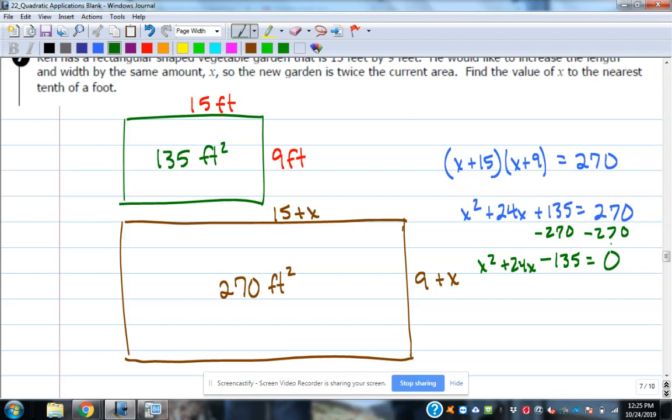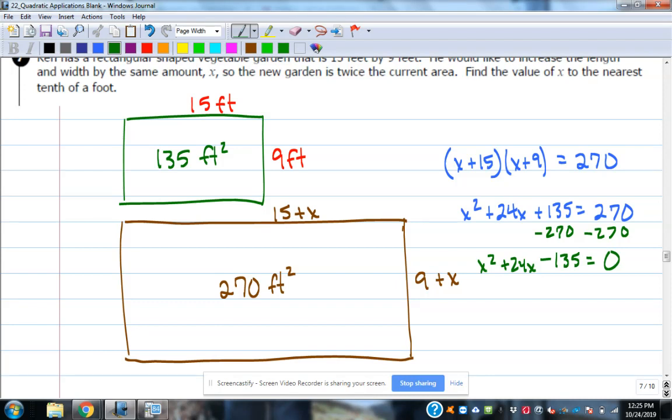We've been using factoring all day, so let's try that again if it helps us here. I have a sneaking suspicion, since they said to the nearest tenth of a foot, it probably may not factor, or if it did, I've got fraction answers. But I know that I don't get fractions when there's nothing in front of x squared. But if I try to multiply to be negative 135 and add to be positive 24, it doesn't work.